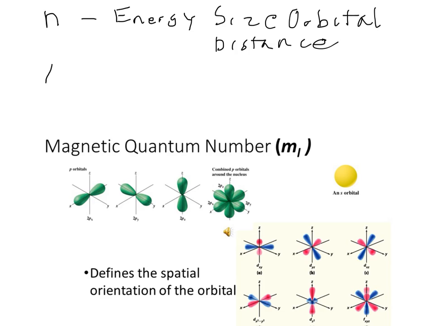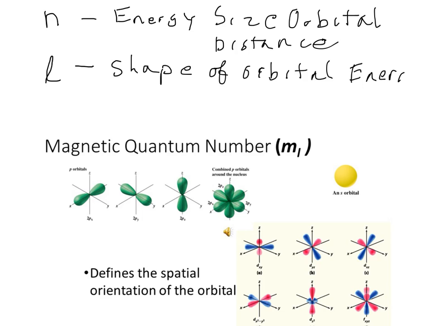Then we have our angular momentum quantum number, and that tells us the shape of the orbital, and it tells us a little bit more about the energy. We also equate our principal quantum number with the energy level, and we refer to the angular momentum quantum number as the sublevel.